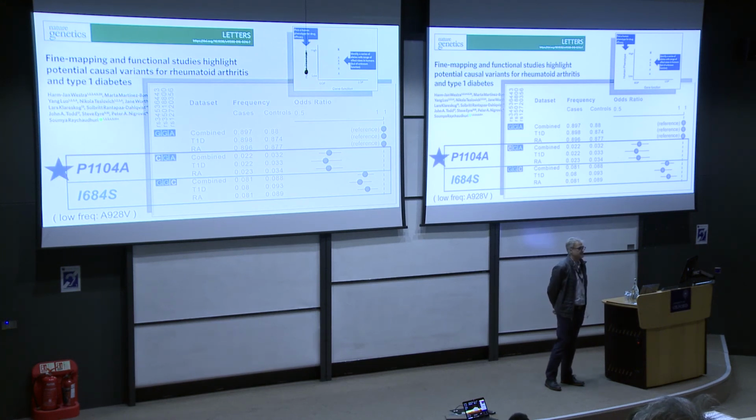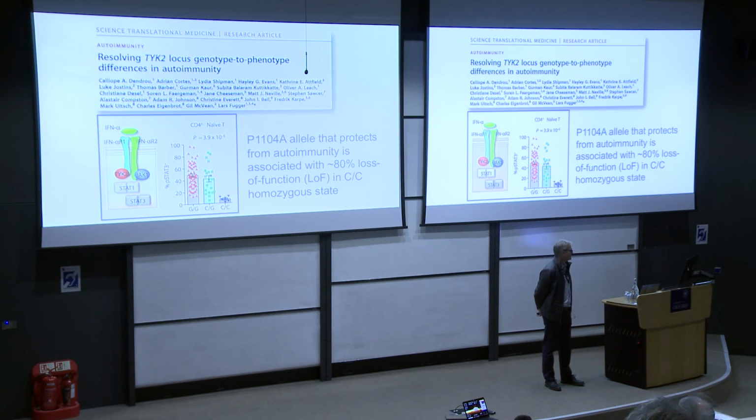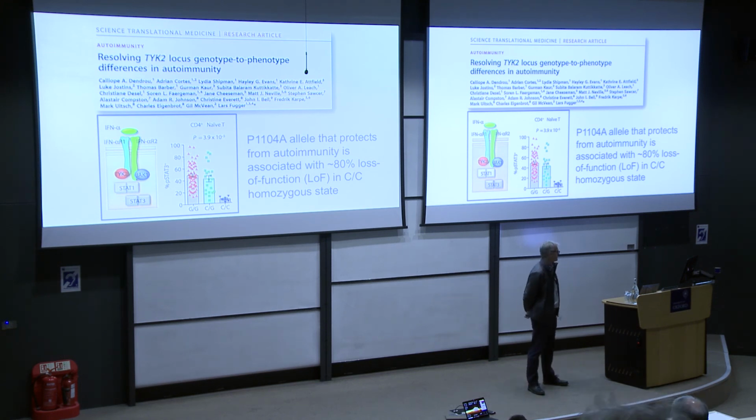One of these has actually been studied in more detail, and this is a study from Callie Dendrew and colleagues that actually isolated blood from patients who are carriers of these different alleles. They did different conditions where they actually activated different signaling pathways. Here I'm showing the interferon alpha signaling pathway, and you can actually see there's a dose response between carriers of the risk allele and the protective allele.